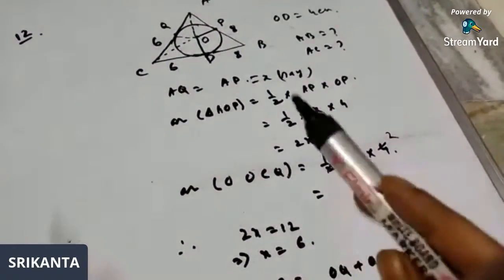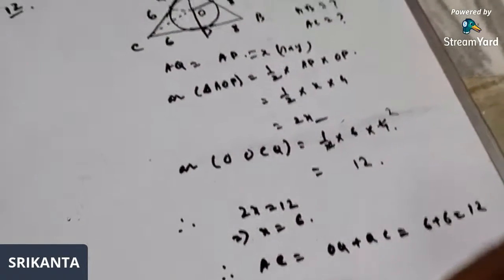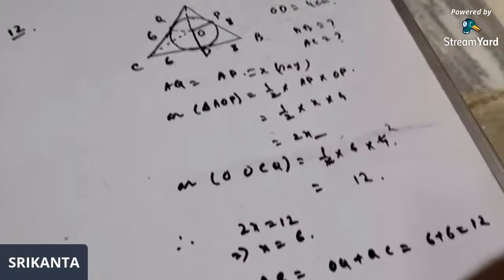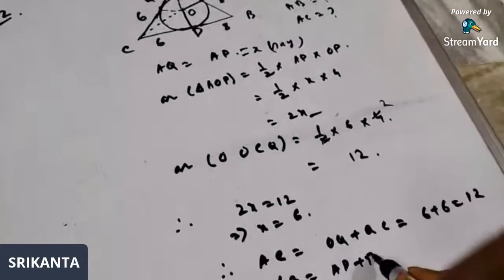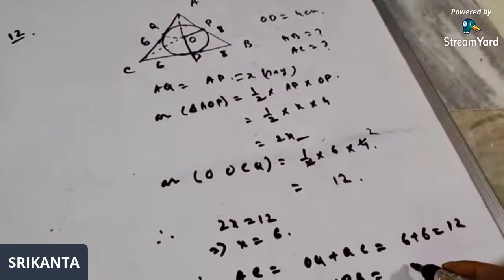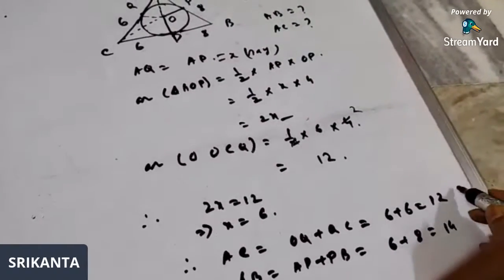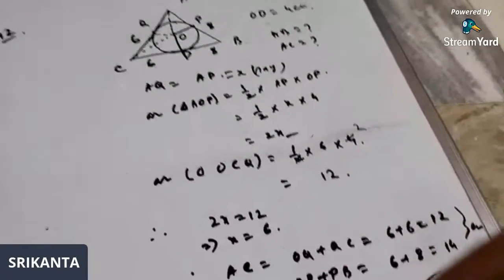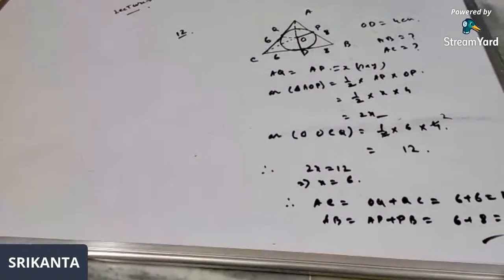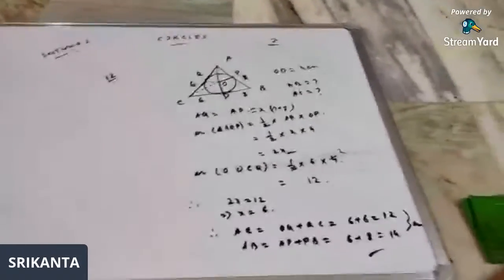So AQ we have found x means 6, 6 plus 6, 12, and AB means AP plus PB, right? So AP is here 6 and PB is there 8, so 14 centimeter. Okay, so this solves our problem.